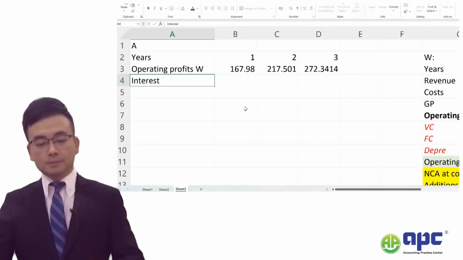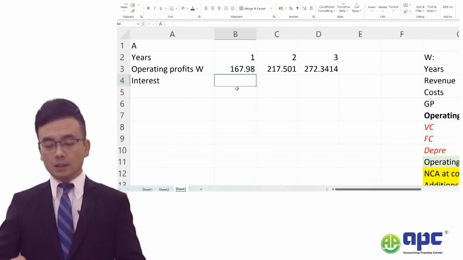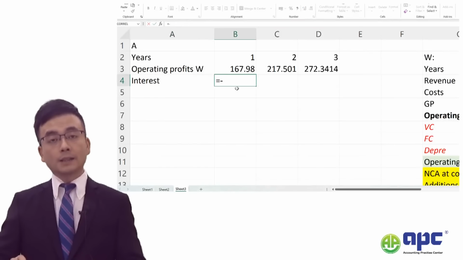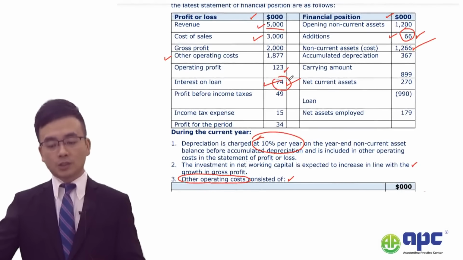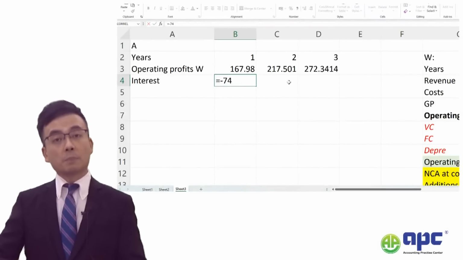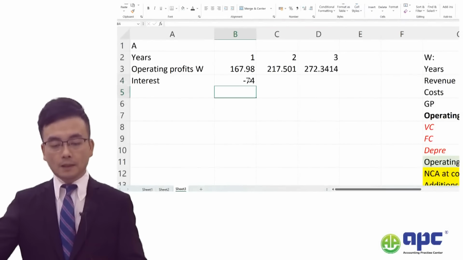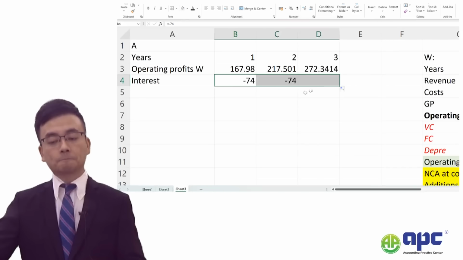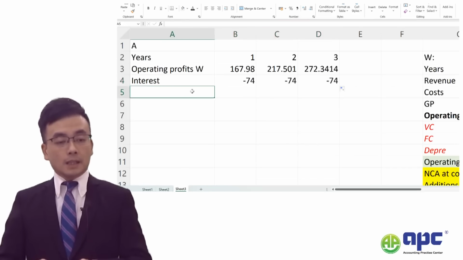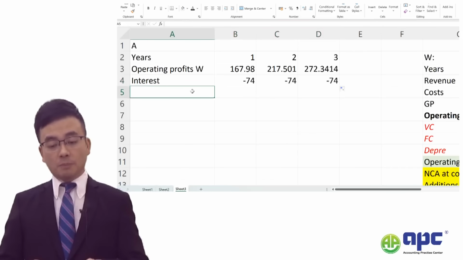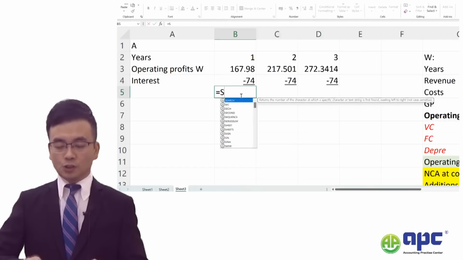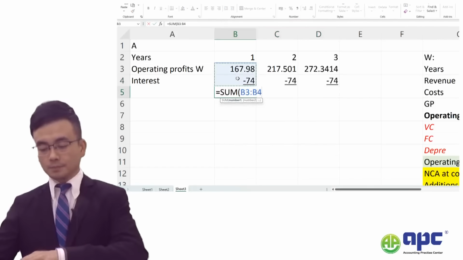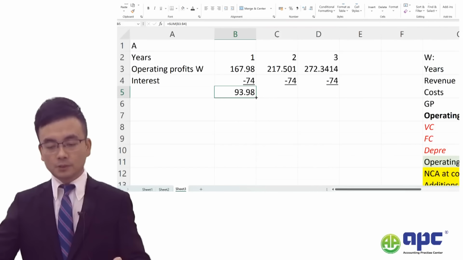So that's why they take minus 74, because it is the same in each and every period. Drag it here. And therefore, you can calculate the profit before tax, PBT. We don't have to say that. It's entirely up to you. So sum them down. Click enter. Drag it here.